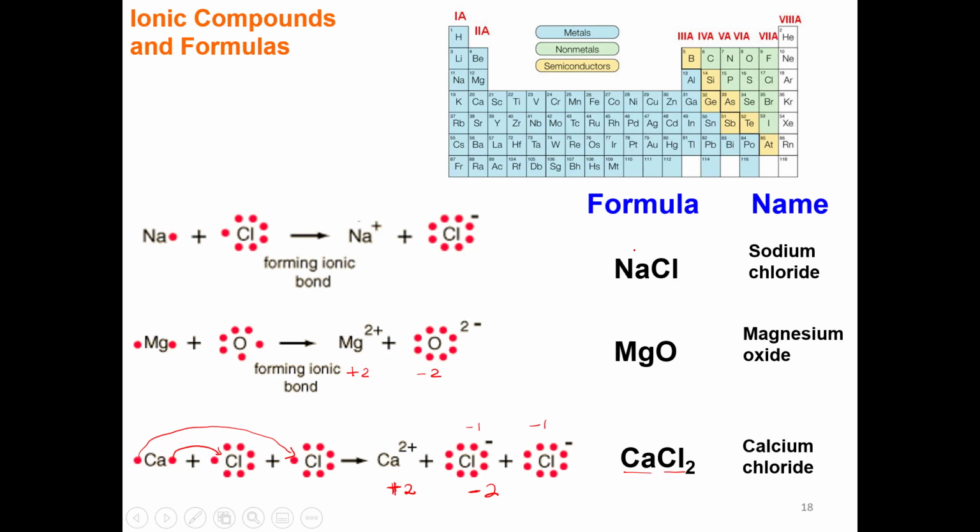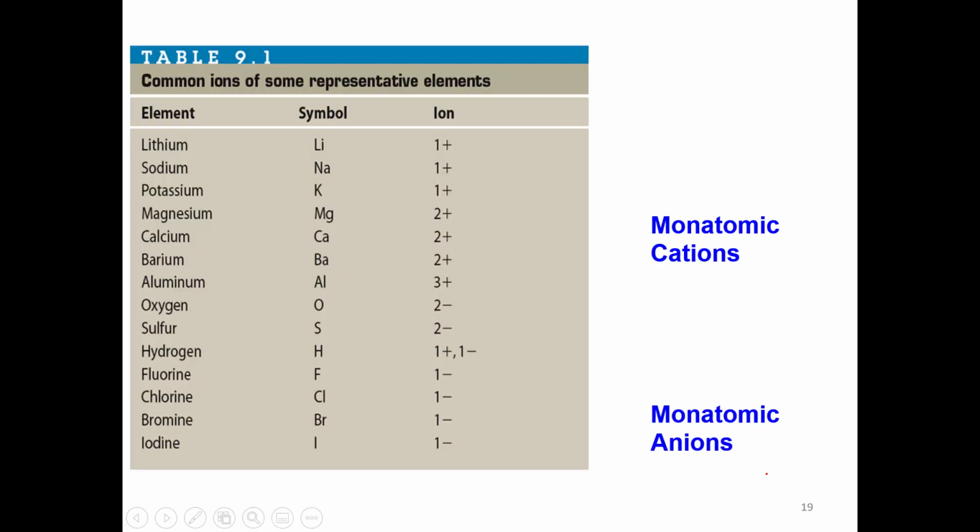You see, we don't have positive 1, negative 2, no. Just the symbol of the element. Now the name. For the name, we just write the name of the metal, which is calcium, and then chlorine, but just change the ine by ide. Then calcium chloride will be the name of this compound.